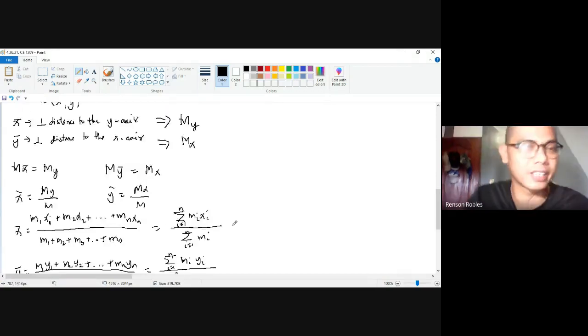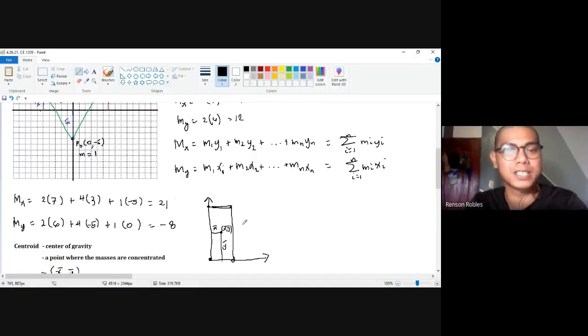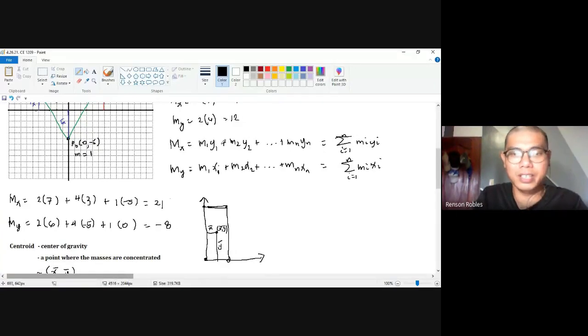Okay, let's compute for the moment of mass of this system. We already have our Mx and our My. Then we're now ready to get the centroid.